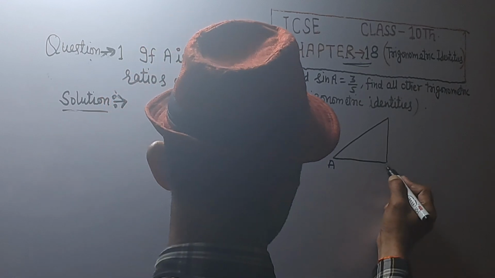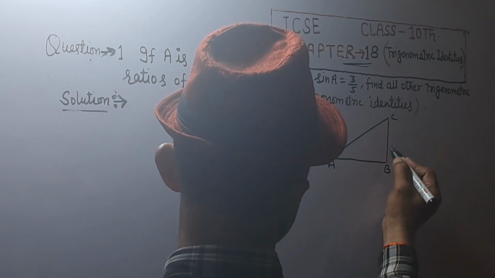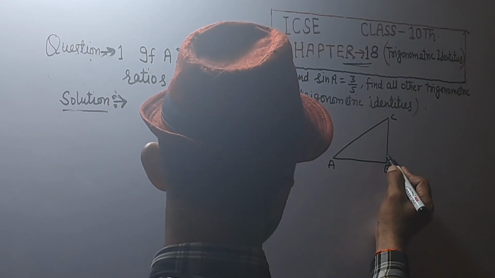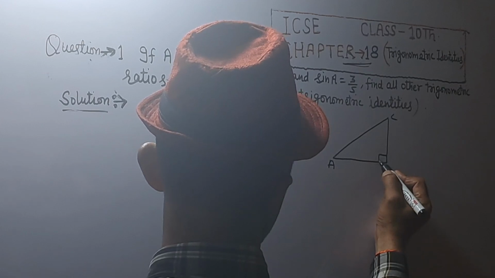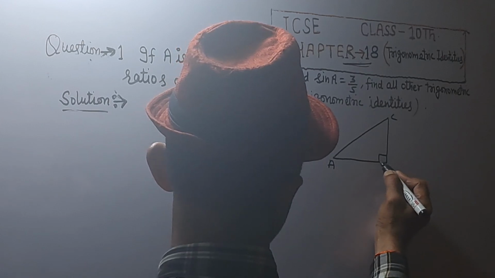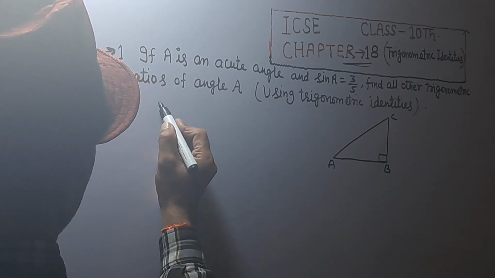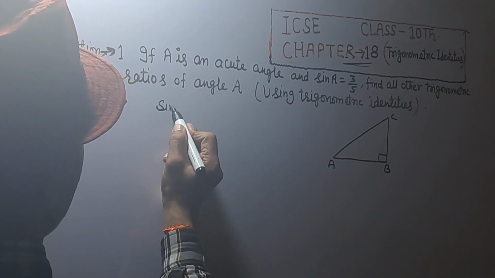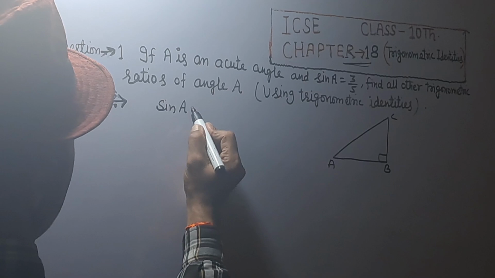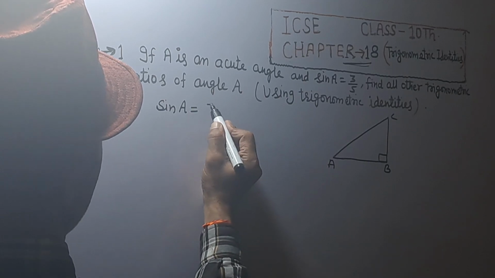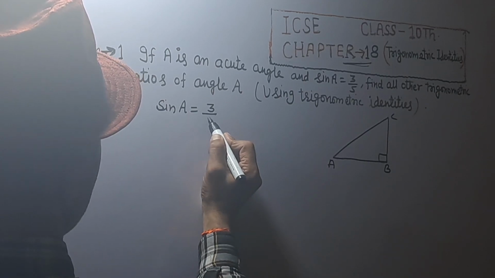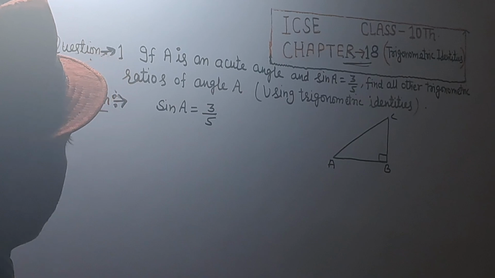Let ABC be a right angle triangle at B, and given sin A is equal to 3/5.